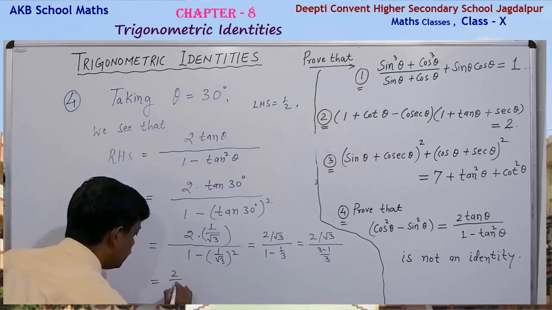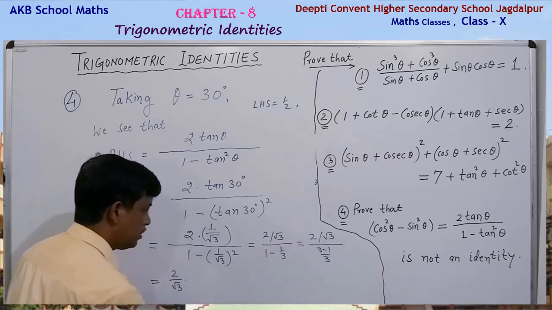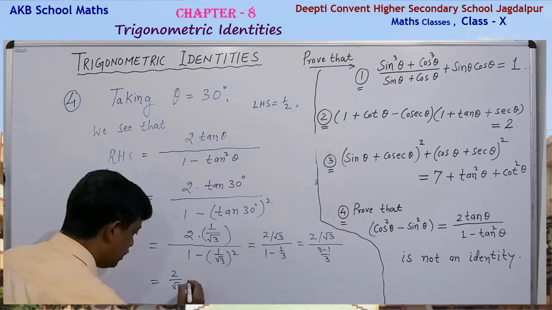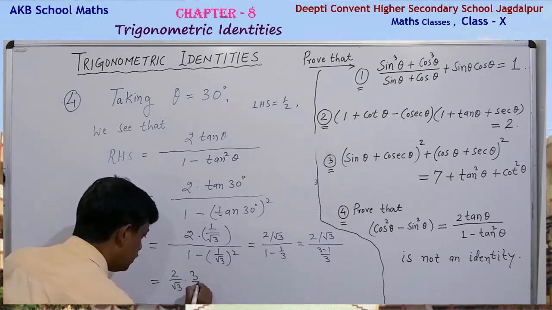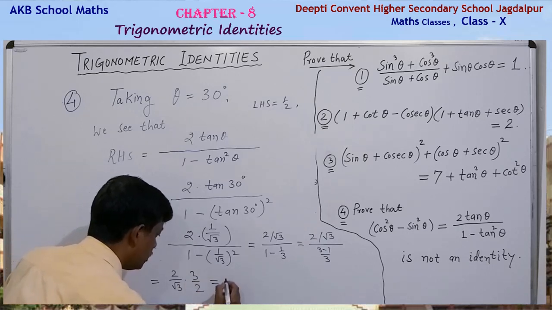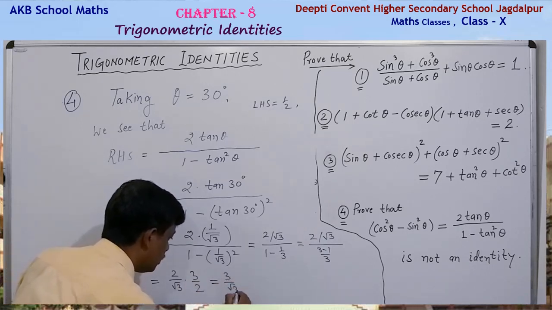Now this is equal to 2 by root 3, numerator into denominator, 2 by 3. So convert it to 3 by 2. So this is equal to 3 by root 3.